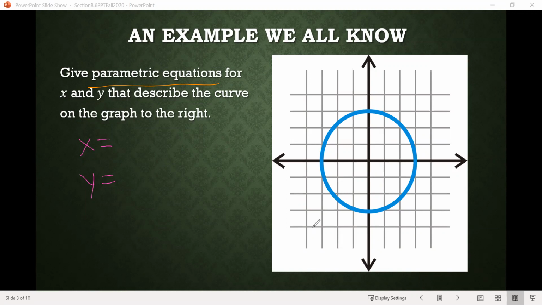In this case, since the radius of our circle looks to be 3, our two forms here would be x equals 3 times cosine of theta and y equals 3 times sine of theta. And from there, we could just choose values for theta, plug them in, and help us get points for x and y. And if we connected all those points, you would see that they would make this circle that we have here. Okay, so that's an example, again, of how we've already sort of seen parametric equations in this course.